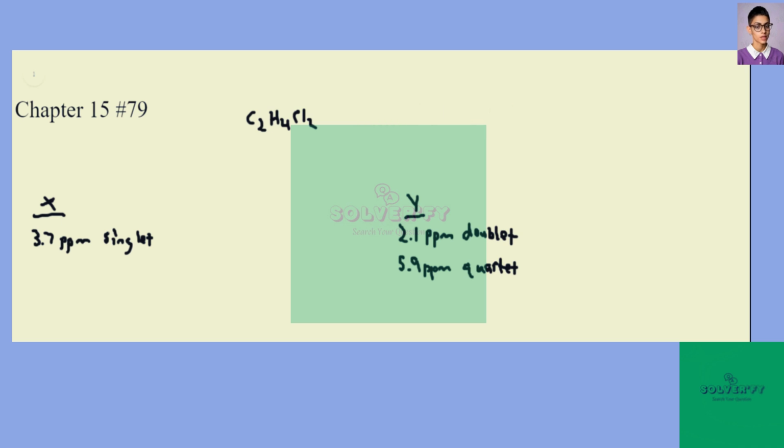Okay, to begin, whenever we're given a formula and asked to come up with a structure, I think the best way to start is to calculate a hydrogen deficiency index, or the degrees of unsaturation. For this one, it's 2 times 2 plus 2 minus 4 minus 2.